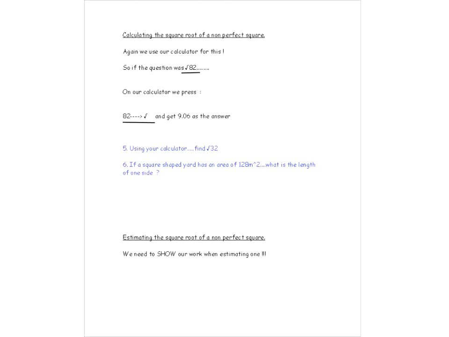So question 5 says find the square root of 32. So I want you guys to tell me what that is. Okay, 5.7. So are you able to get the same answer, Chantel?